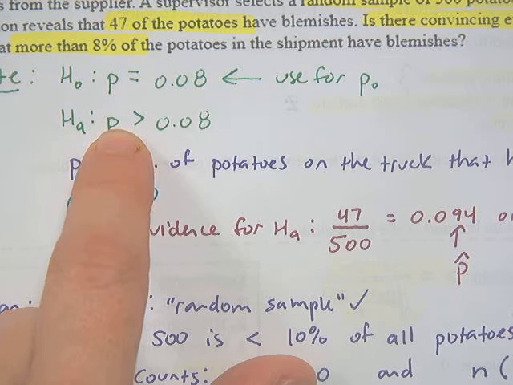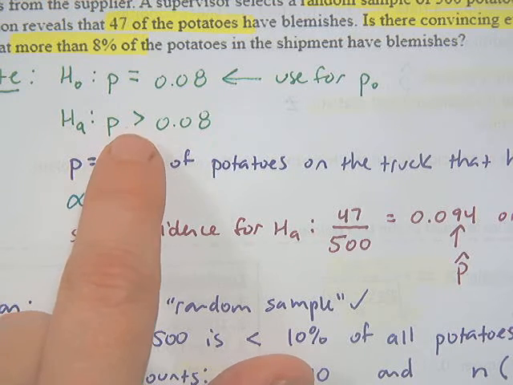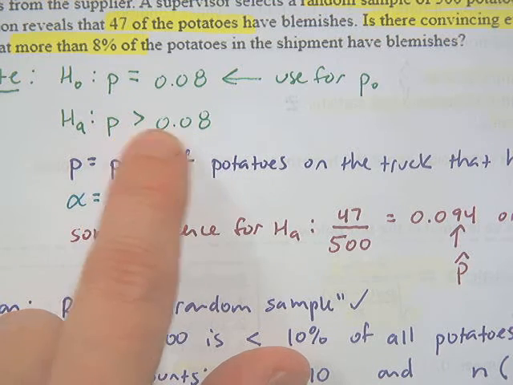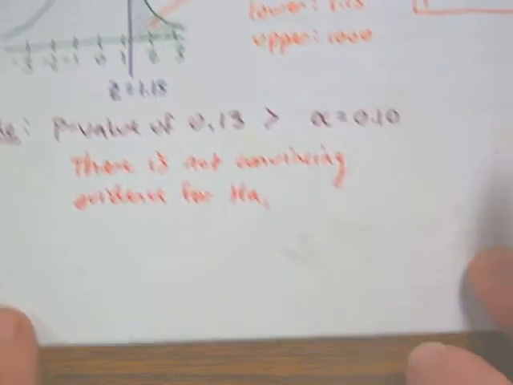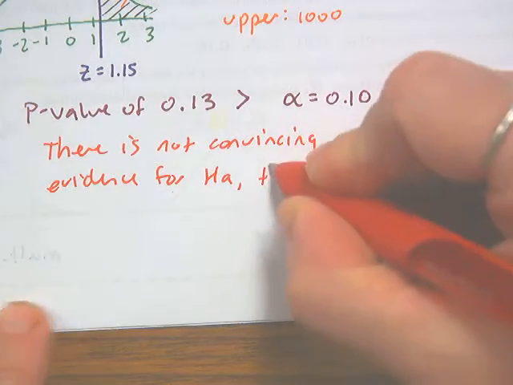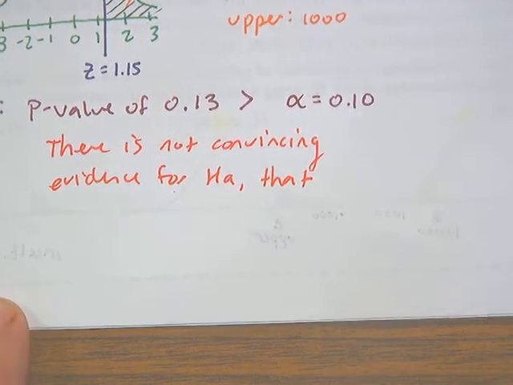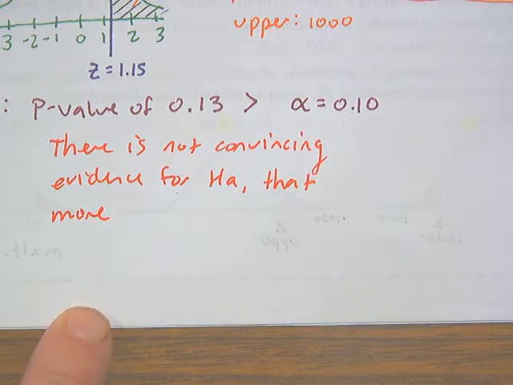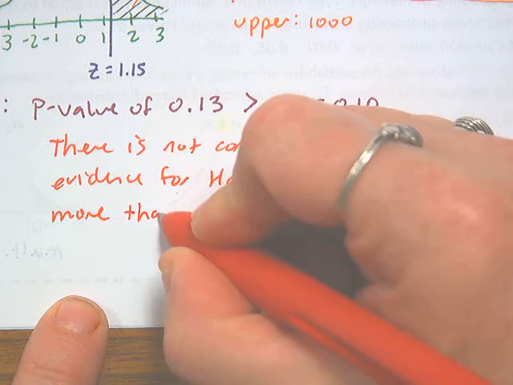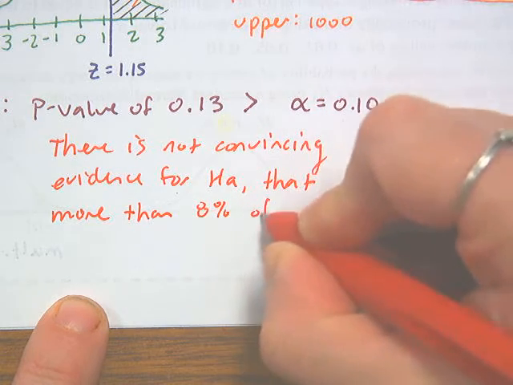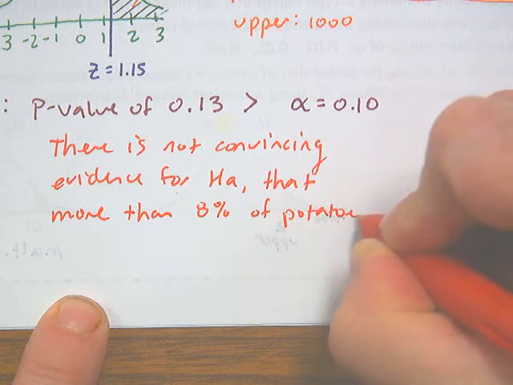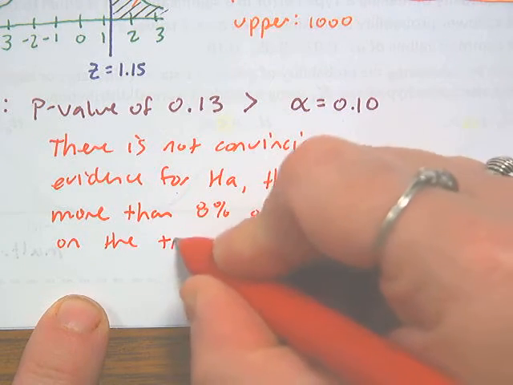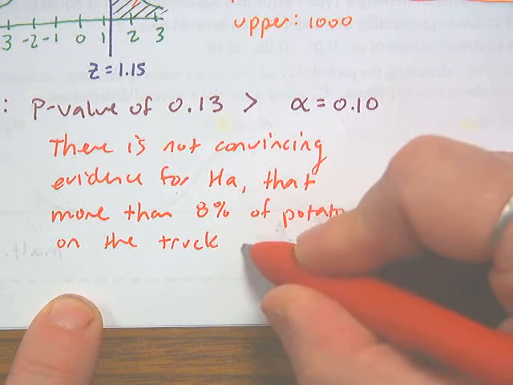So we're going to finish out by writing that more than 8% of the potatoes on the truck have blemishes. That's what the alternative hypothesis is. There's not convincing evidence that more than 8% of potatoes in the shipment or on the truck are bad or have blemishes.